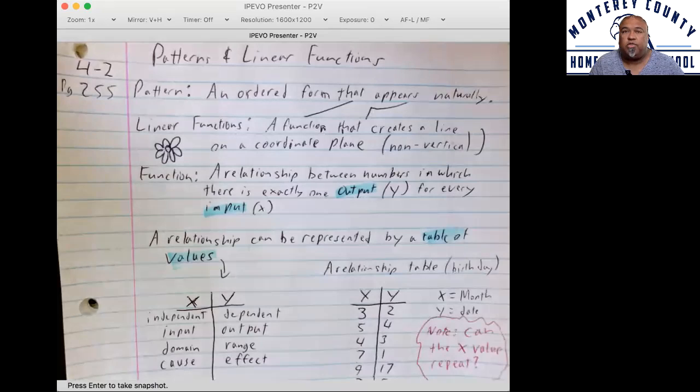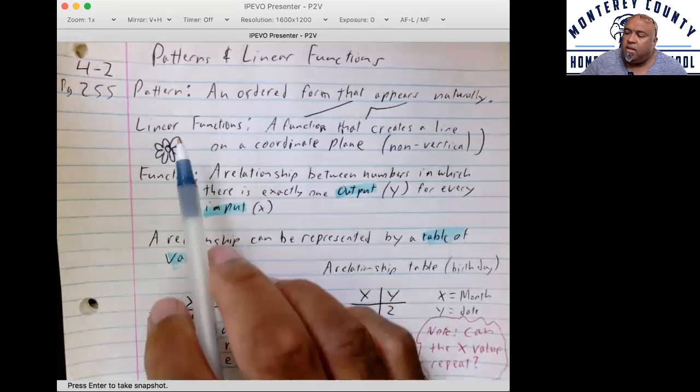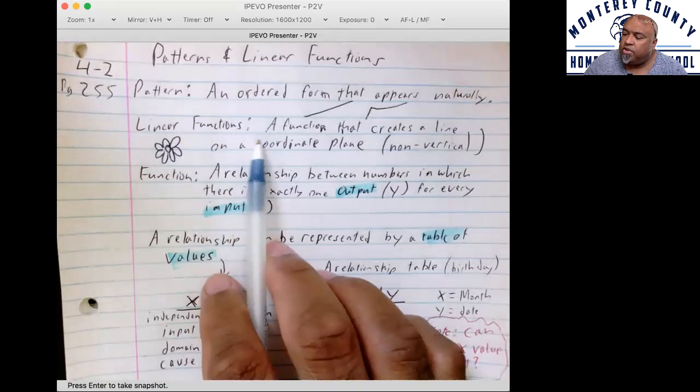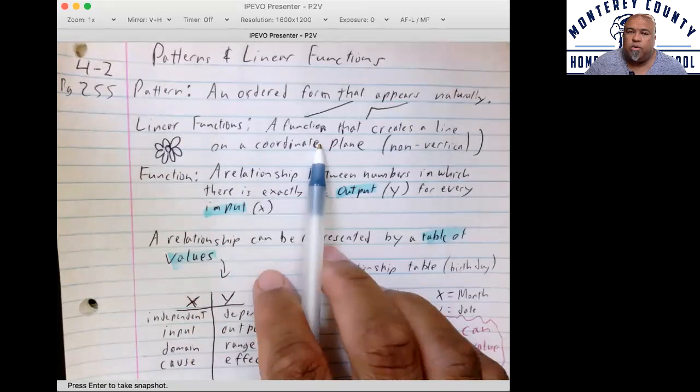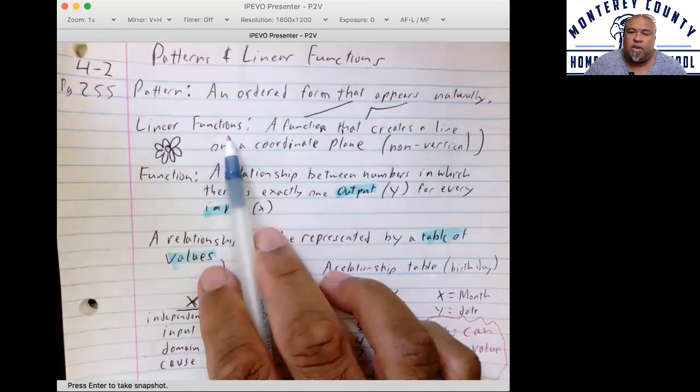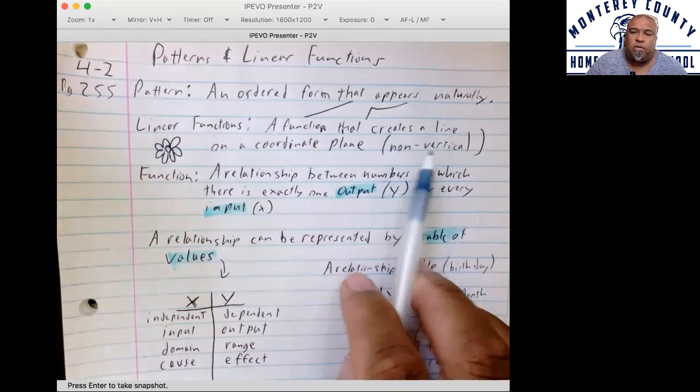And even if you're just charting the data in numbers, usually you will see a pattern, or an ordered form, that occurs when you take the numbers and put them onto a sheet. A linear function is a function that creates a line on a coordinate plane. In order to be considered a function, this line would have to be non-vertical.